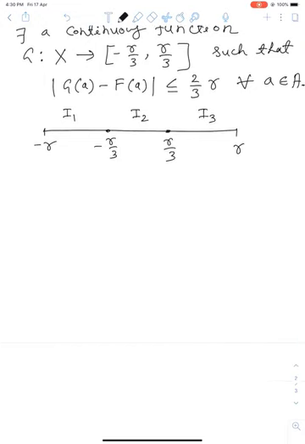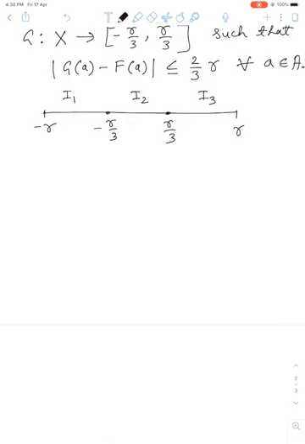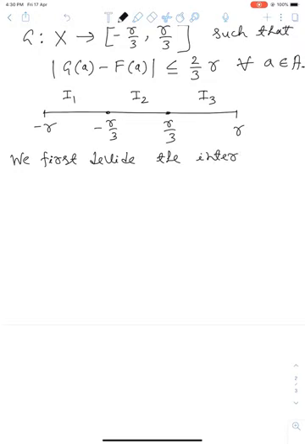Okay, now write mathematically. So we first divide the interval minus r comma r into 3 equal parts.